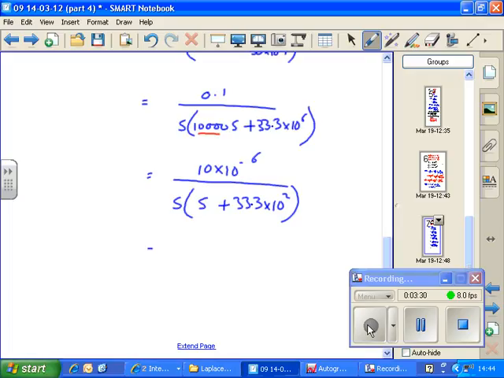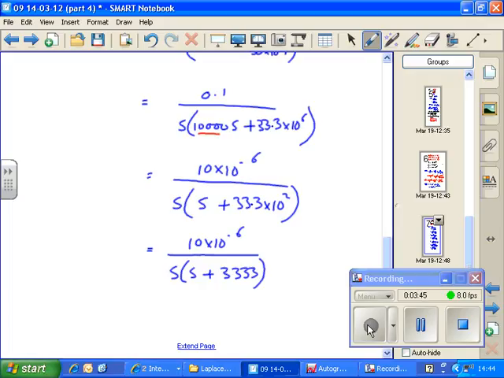So this equals 10 times 10 to the minus 6 over S into S plus 3,333, which is probably easier to deal with in the long run.